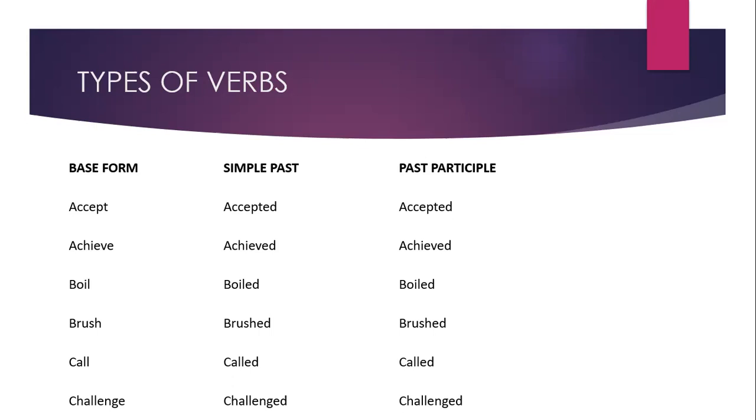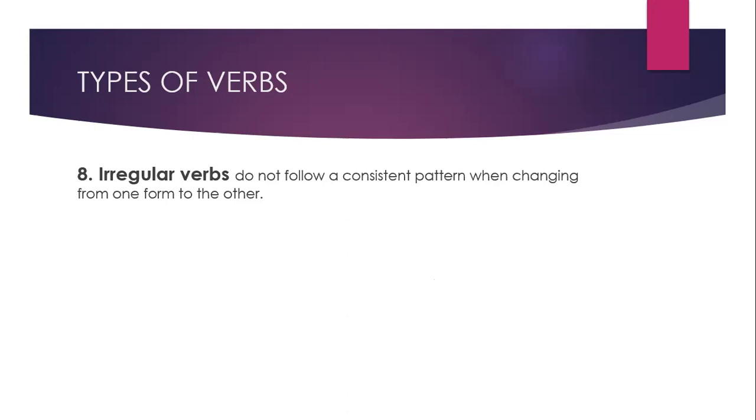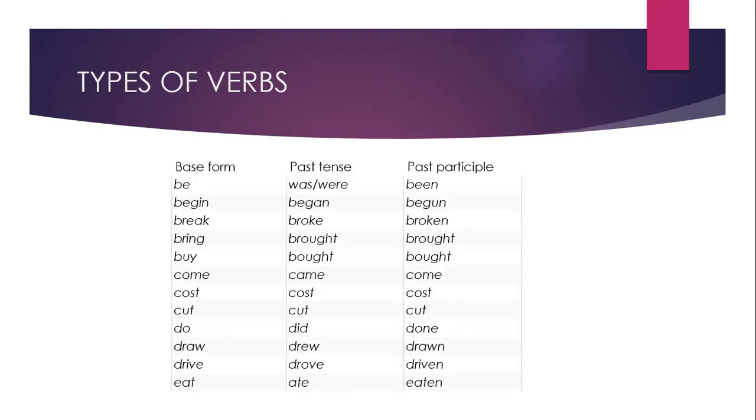They end in ed. Now, irregular verbs do not follow a consistent pattern when changing from one form to the other, when changing from the past to the perfective or whatever. Example, the verb be: the past tense can be was or were. The past participle is been. Begin, we have began and begun. Different spelling. Break, we have broke, broken.